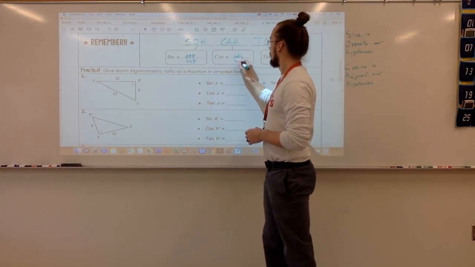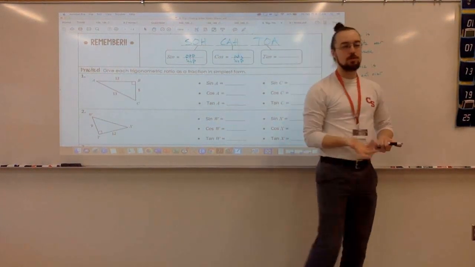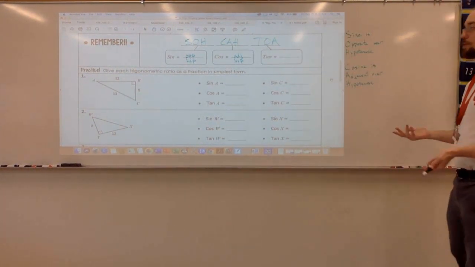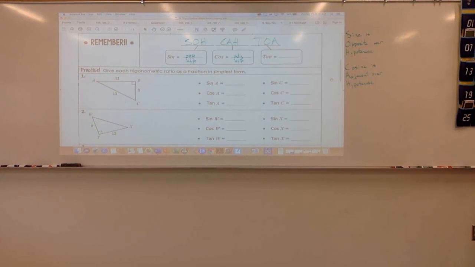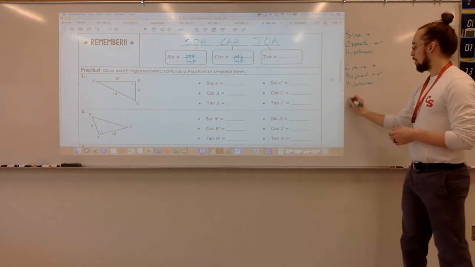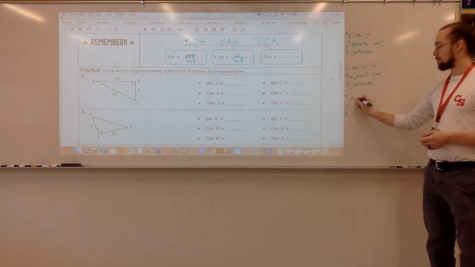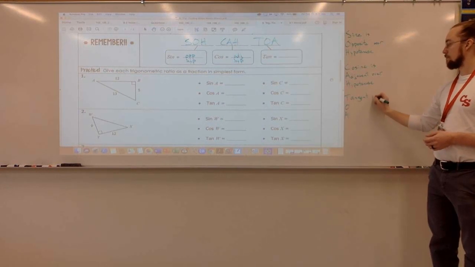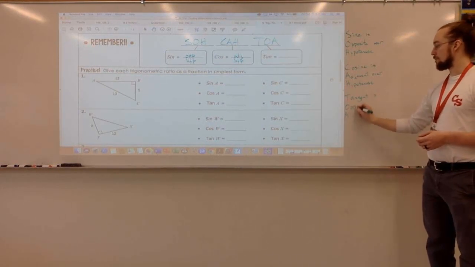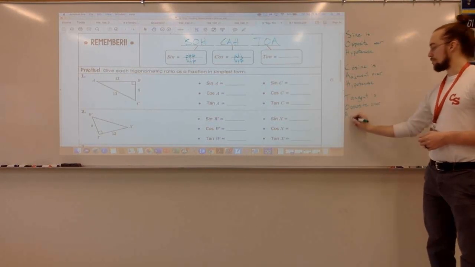So we usually end up just abbreviating opposite to OPP, hypotenuse to HYP, adjacent to ADJ. Right? Then our final one, TOA. What's that going to stand for? Right. Tangent, opposite over adjacent.